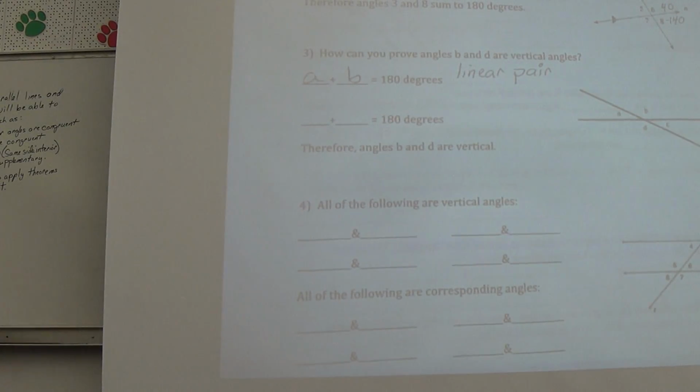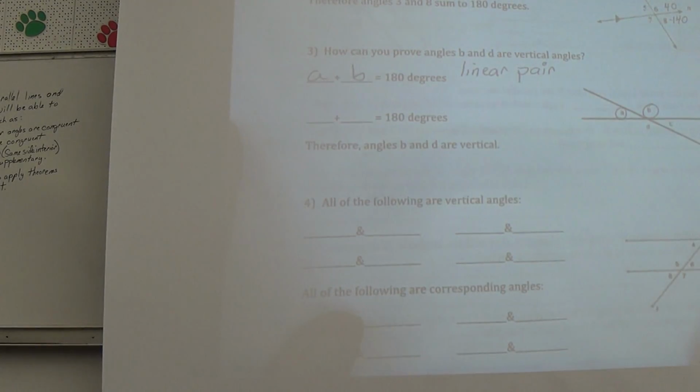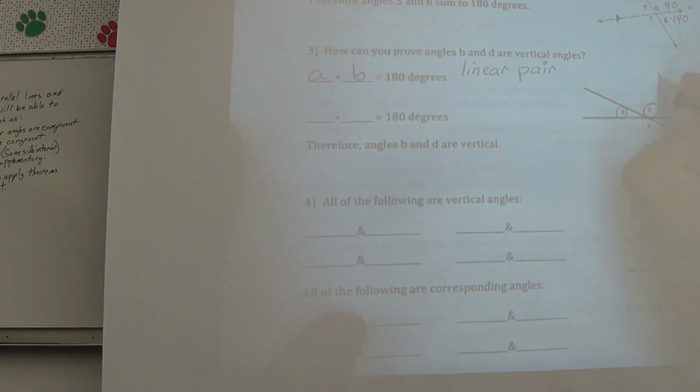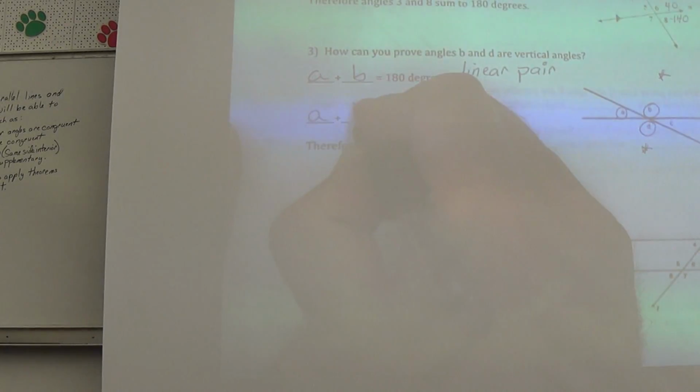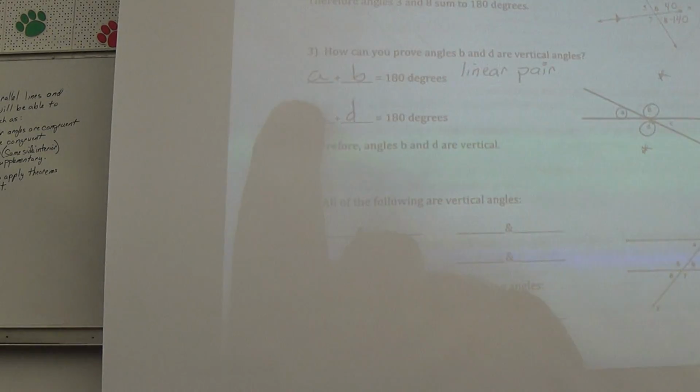So here we have these 2 angles that are a linear pair, okay? I'm trying to prove that D, this angle here, is congruent to this angle here. If I know that these 2 are a linear pair, A and D, okay? Now I'm using that transitive property.